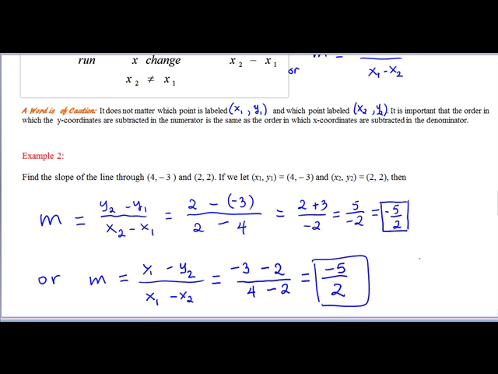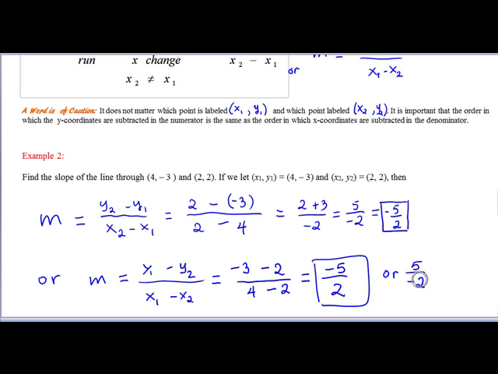Or if you read this as 5 over minus 2, then the slope of the line that passes through these points is 5 over minus 2.